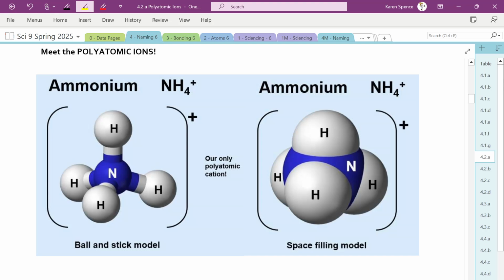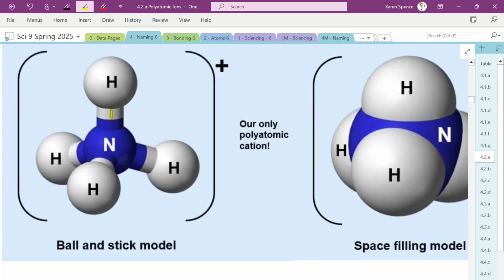So here's ammonium. It is NH4. What kind of bond is there between the N and the H? Covalent. N is a nonmetal, H is a nonmetal.